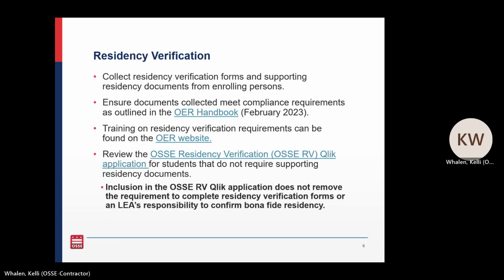Just do want to note, though, that simply because a student has a residency indicator of yes in the Click report, that does not take away the LEA's responsibility to investigate residency concerns or to complete residency verification forms. So please know if you get some kind of evidence or new piece of information that suggests a student does not live in DC, you should still follow up on those, even if the student is residency verified.